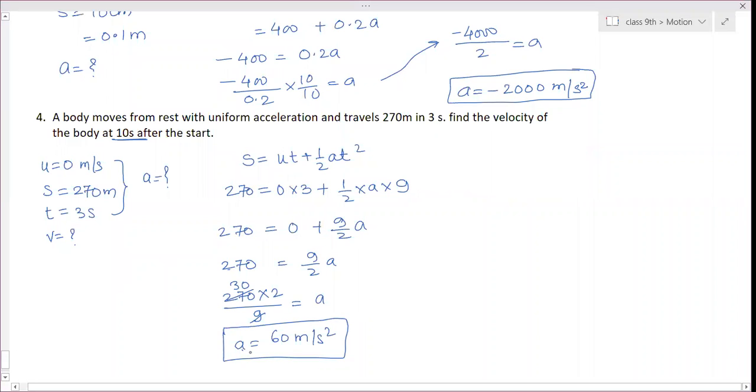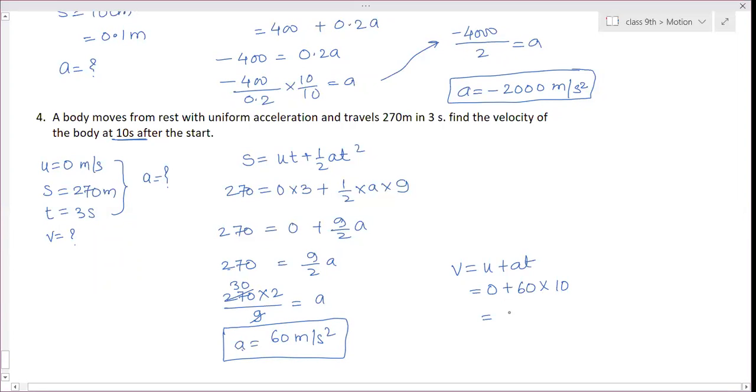And now we have to calculate the velocity of the body after 10 seconds. For that, first equation of motion, V is equal to U plus AT. U is 0, A remains same, 60, and the time is 10 seconds.